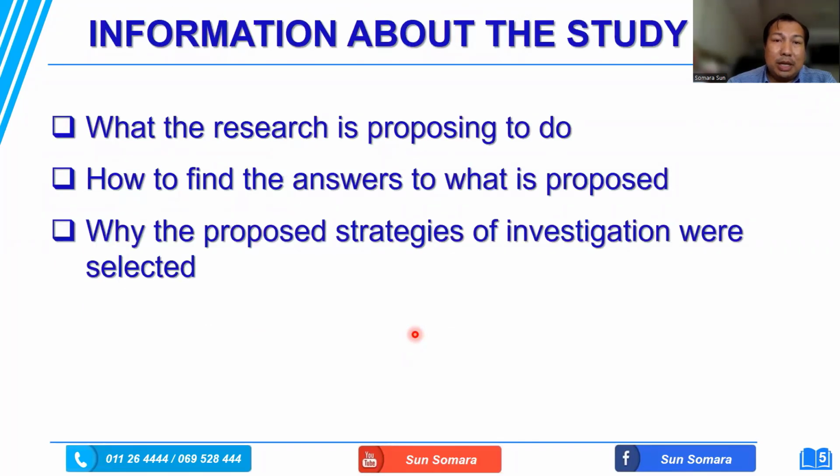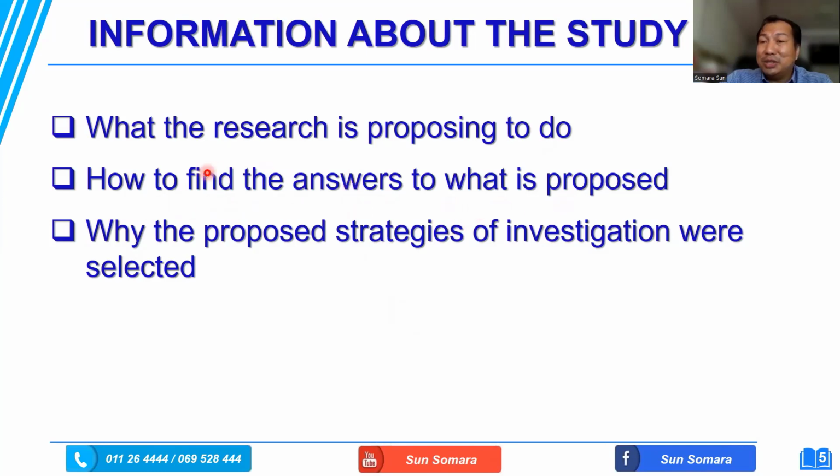Next, information about the study. This part will guide the researcher themselves, or even the reader, or the one who donates or sponsors the research. They may see what the research is proposing to do, and how to find the answer to what is proposed.